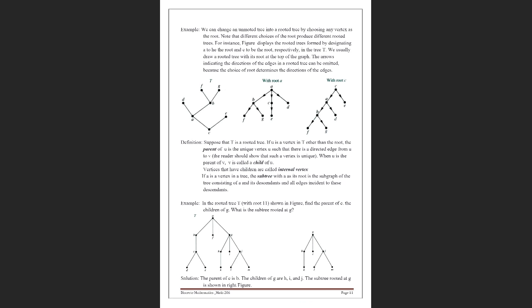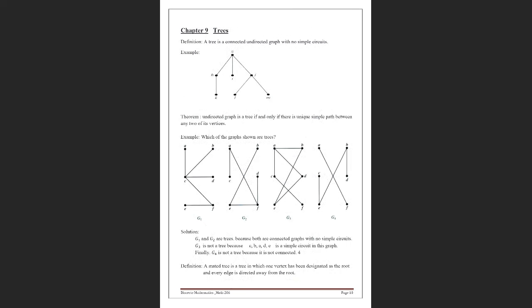It means if I take any tree and take any vertex, suppose here you have taken V1, and all the rest are going away from this vertex, then V1 is called the root.